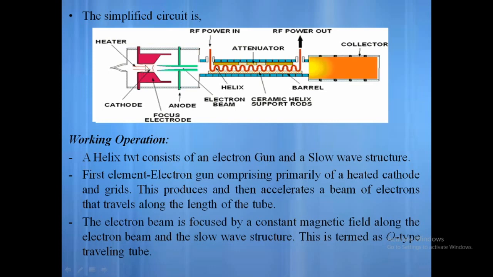This produces and then accelerates a beam of electrons that travel along the length of the tube. The electron beam is focused by a constant magnetic field along the electron beam and slow wave structure. Hence, these are termed as O-type traveling wave tubes. As we see from the front, it will look like an O.